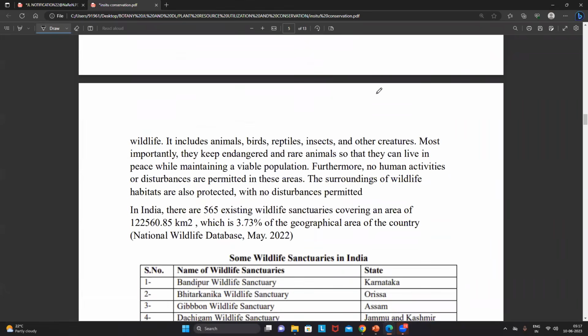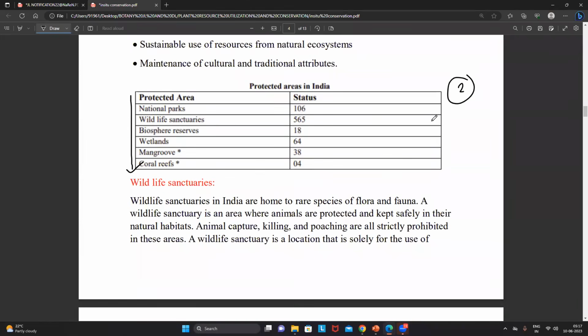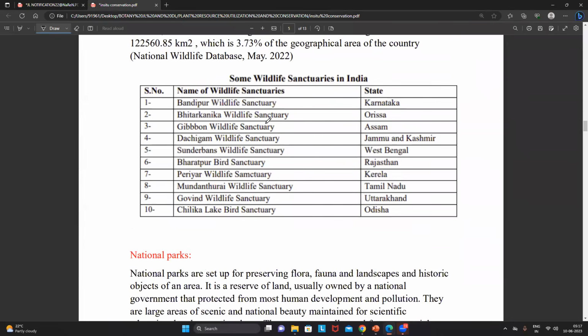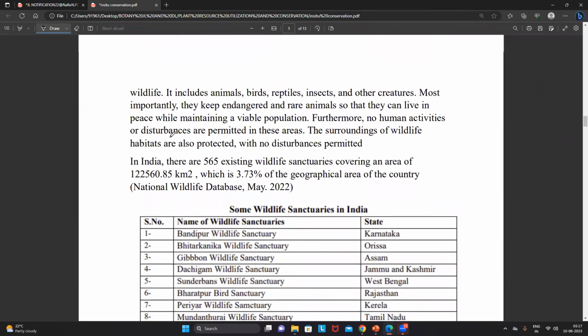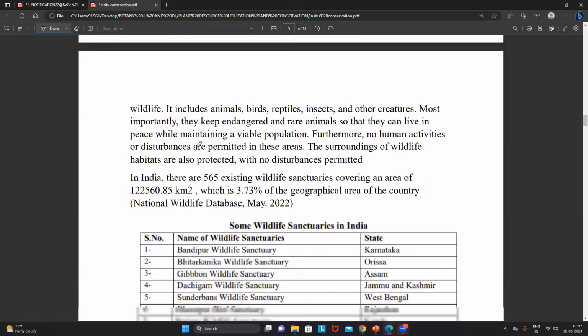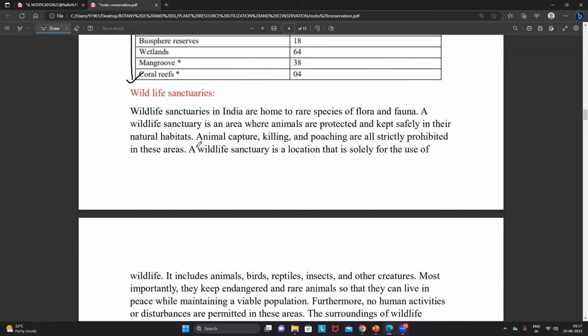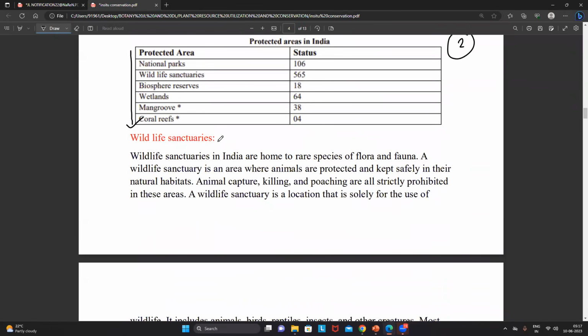So I made six tables. You no need to do anything. You have to learn these six tables by heart compulsorily. Okay, now listen to me very correctly. When you are reading the wildlife sanctuary, students remember in simple words, first point, the definition of the wildlife sanctuary.